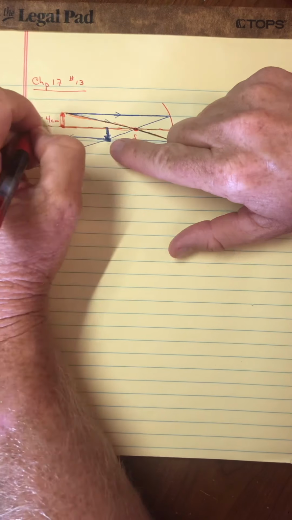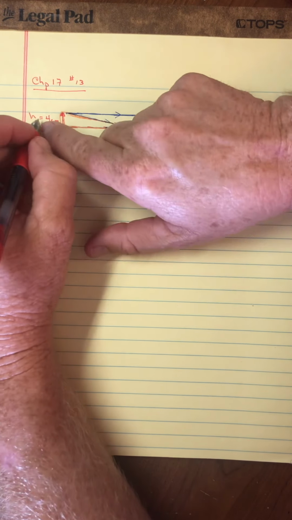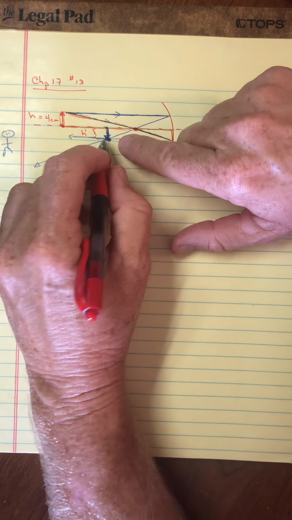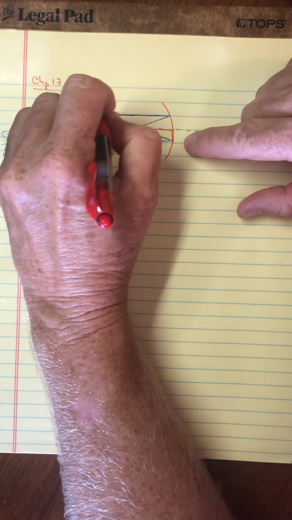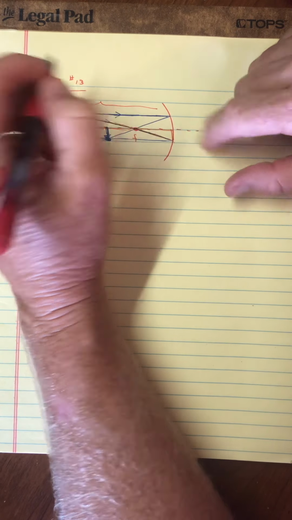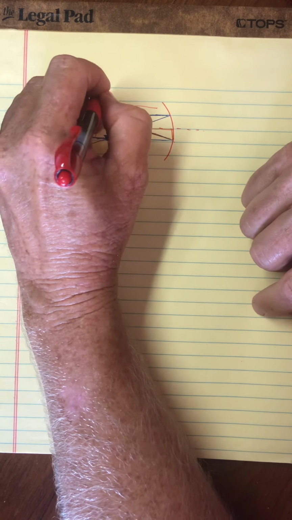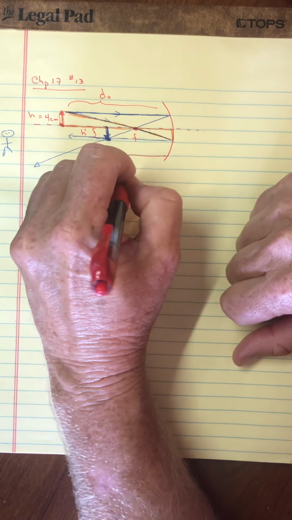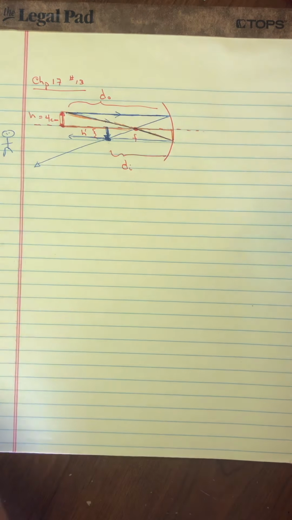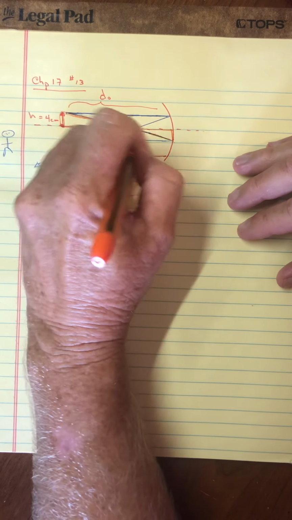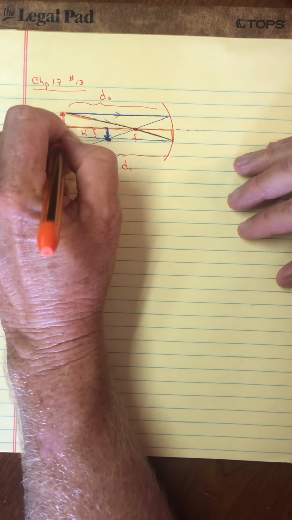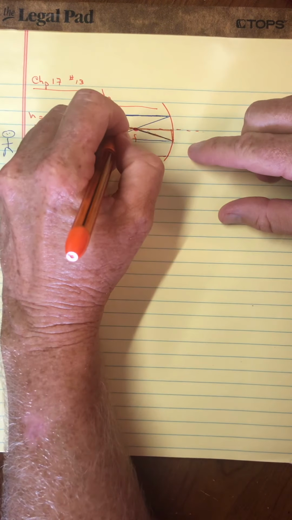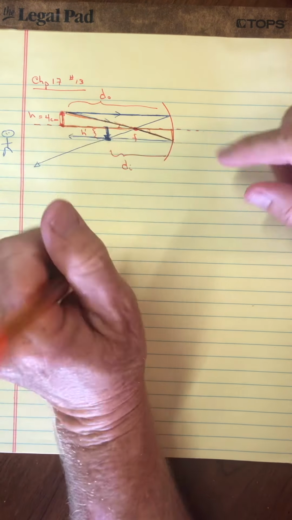And so if we call this h for the height of the object, and this h prime for the height of the image, and if we call this distance the distance of the object, and where the light now appears to be coming from the distance of the image, and I'll highlight this orange triangle again. These two triangles are similar because they're right triangles and they share a vertical angle.